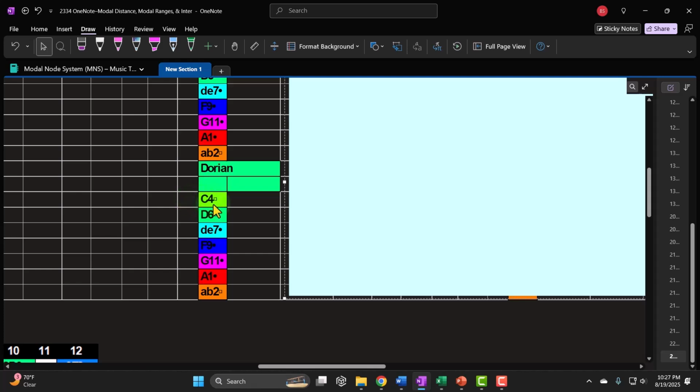So now the C is still the same color, even though it's not the Ionian within this collection of notes, right? Because now the D, right? Now we have a different collection of notes, and you can see we have some sharps and flats in here that we have not seen before.